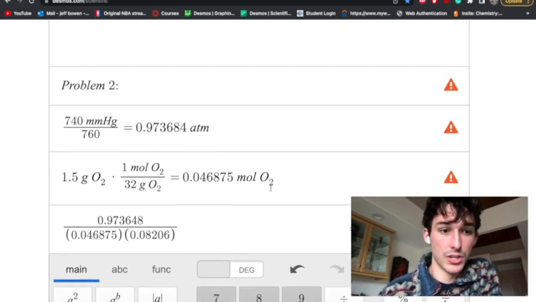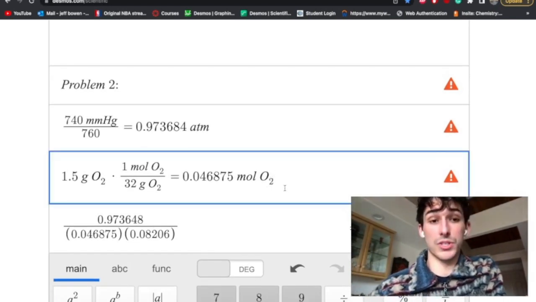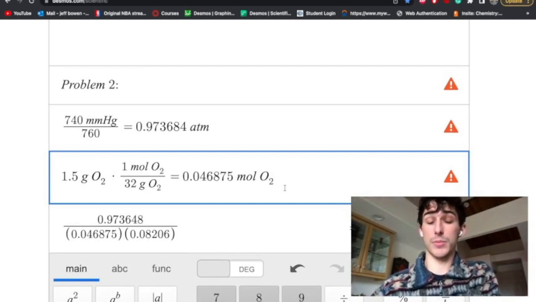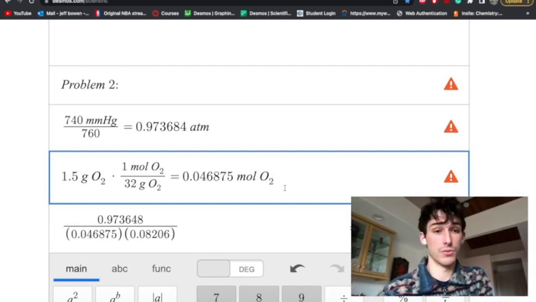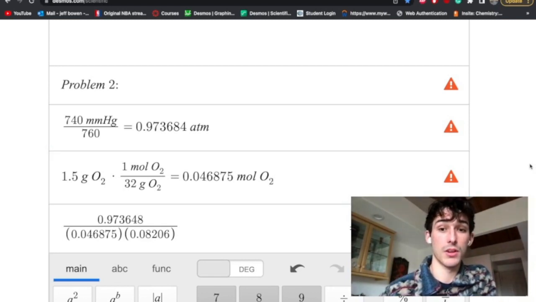0.973684 atmospheres. Next, we can use a unit conversion once again to find our total amount of diatomic oxygen, and we're going to have that as 0.046875 moles of diatomic oxygen.